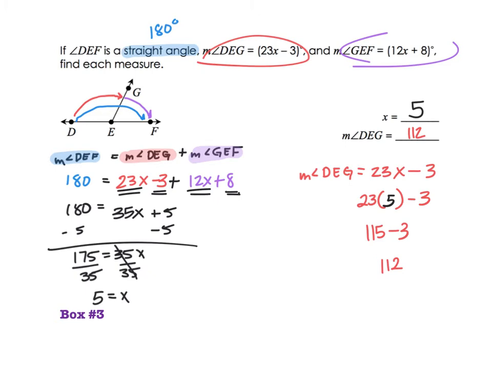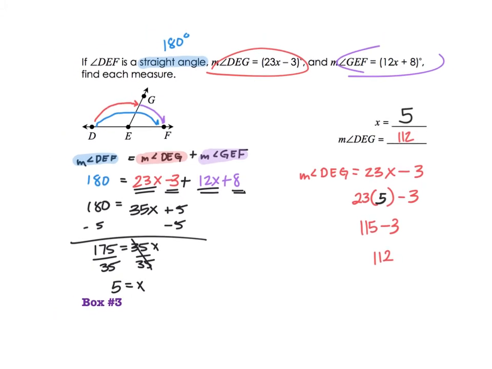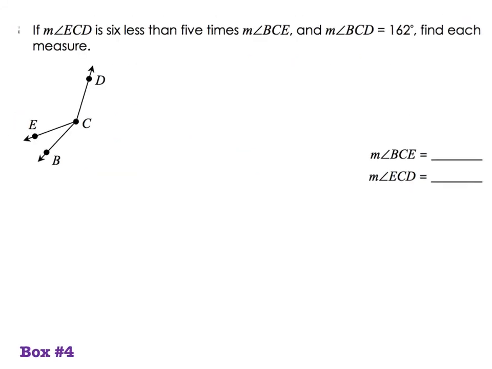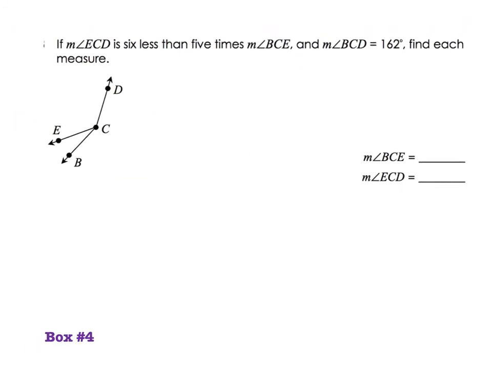Let's go to box number 4. It says, if measurement of angle ECD is 6 less than 5 times, and now you're thinking, wow, Mr. Franco, measurement of angle BCE, and measurement of BCD equals 162, find each measure.